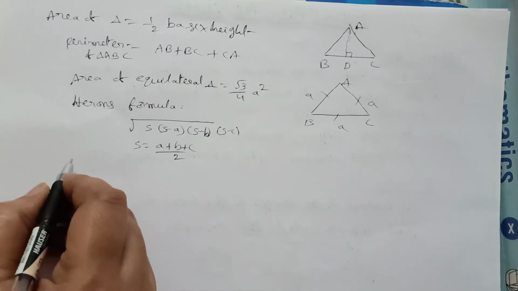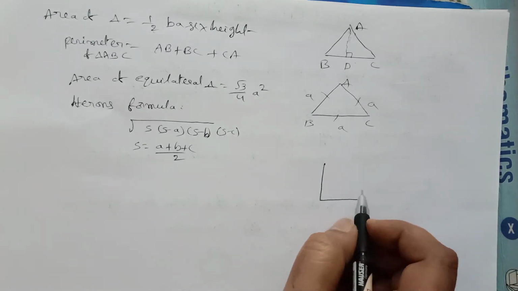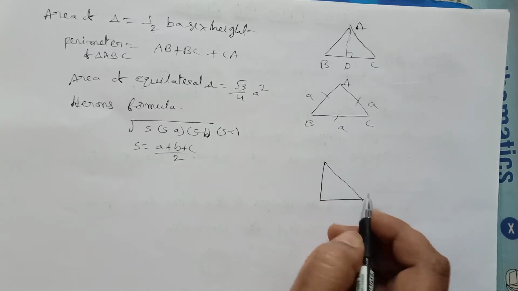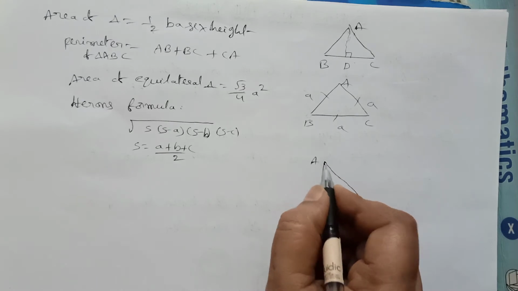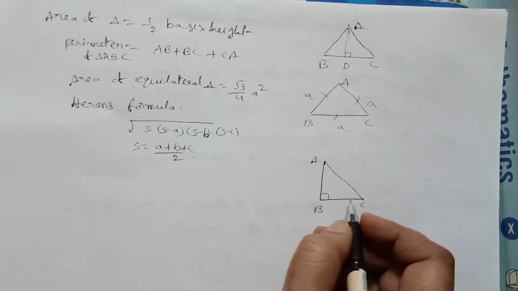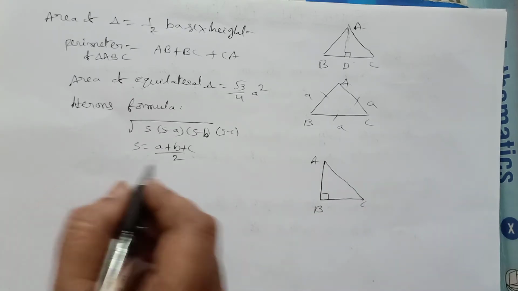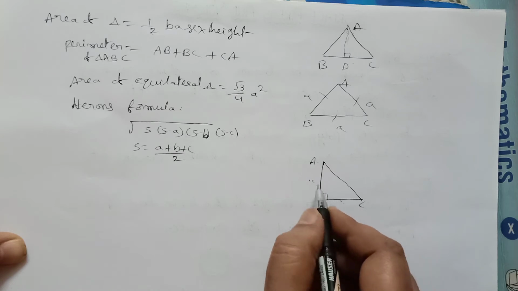If you consider right isosceles triangle, first consider right triangle before right isosceles. It is a right triangle. AB is perpendicular to BC. What is the area of right triangle? Half into product of perpendicular sides. So these two sides are called perpendicular sides.